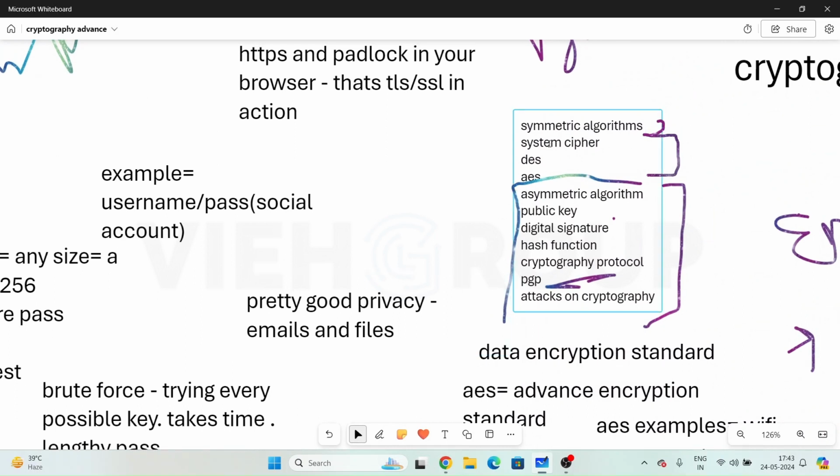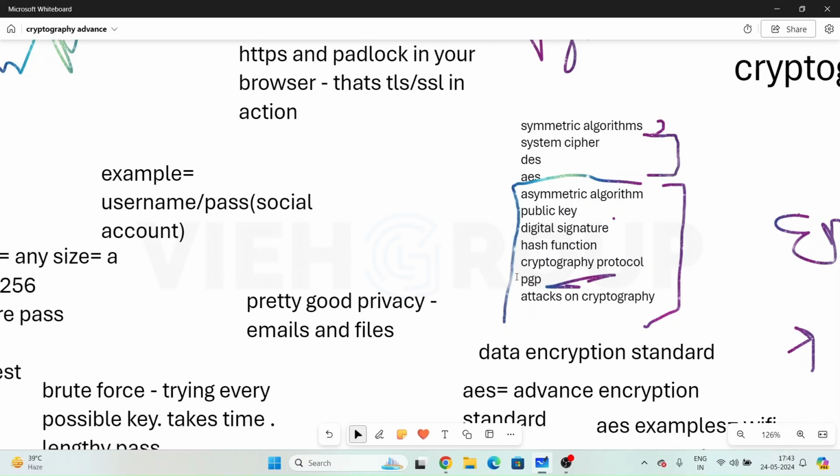Symmetric algorithms contain ciphers, DES and AES. DES is not more secure. AES is a champion, a secure champion. In asymmetric algorithms, the public key you can share with the world and the private key is secret. A digital signature is like a password or a username in your social account.